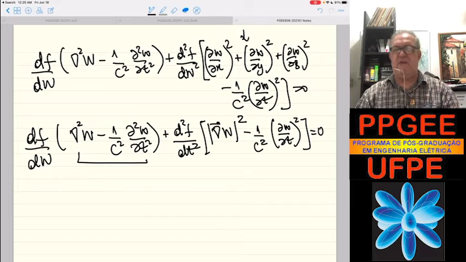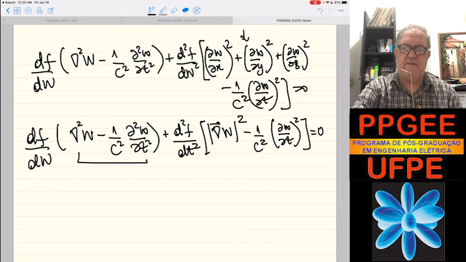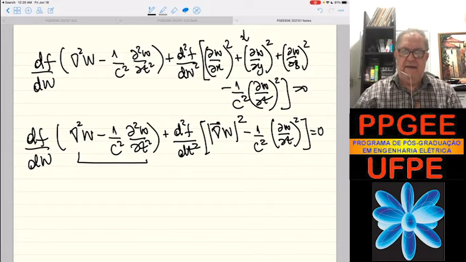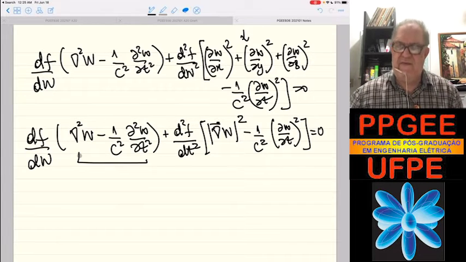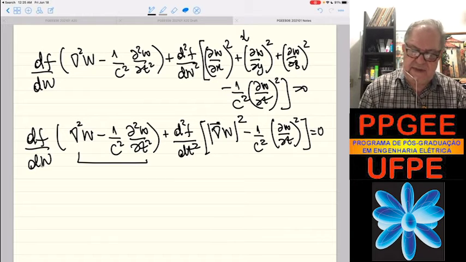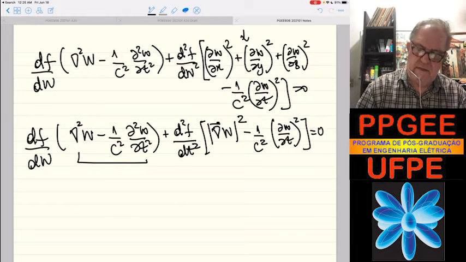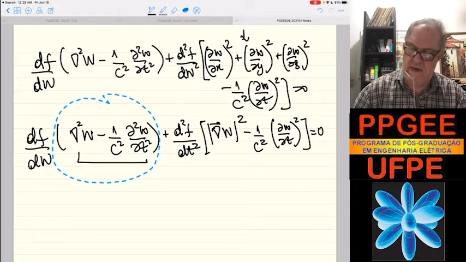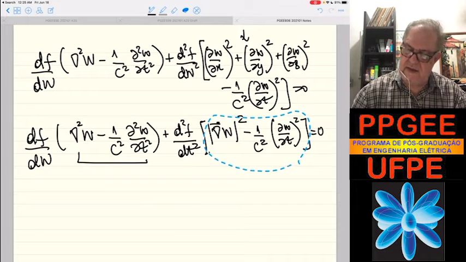So, to solve this equation, what we need to do, given that f is the wave function, right? We have two derivatives, first derivative and second derivative. For me to balance this equation, this is a function of w here, I have to set this term here equal to 0 and this term here equal to 0 as well.